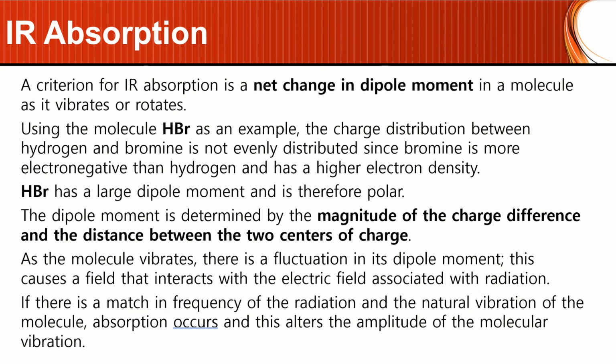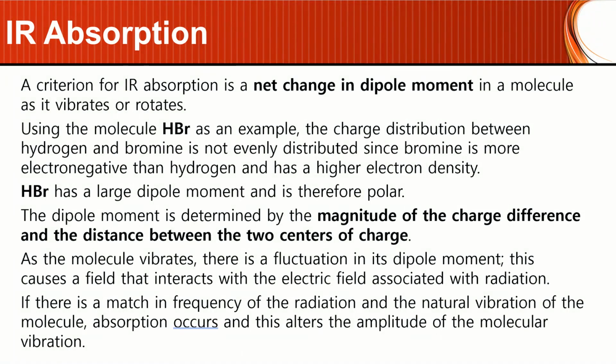The criterion for IR absorption is a net change in dipole moment in a molecule as it vibrates or rotates, right? I mentioned the dipole moment earlier, so now we're going to go into it a little bit more.